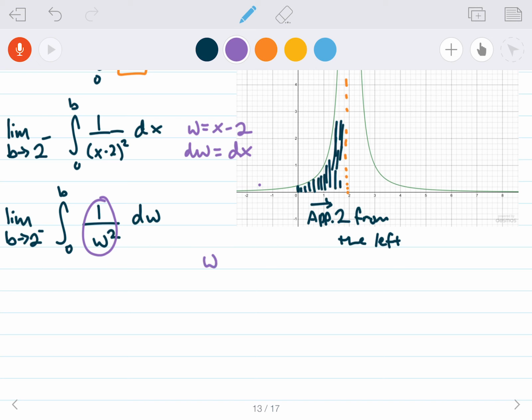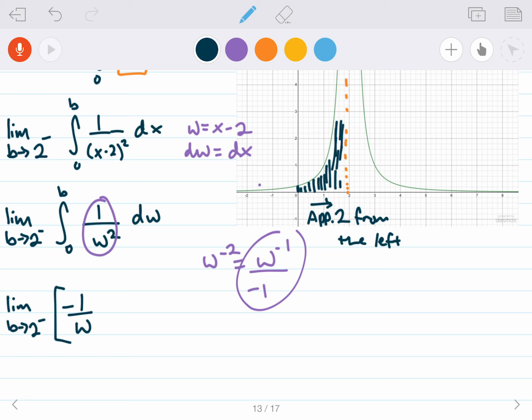Let's go ahead and figure out what this guy's going to be. This is the same thing as w to the negative 2. So when I add 1 and divide by negative 1, I get the antiderivative of this guy. So I have the limit as b goes to 2 from the left, and this is going to be w to the negative 1, which is 1 over w, so this is negative 1 over w, and we're evaluating from 0 to b.